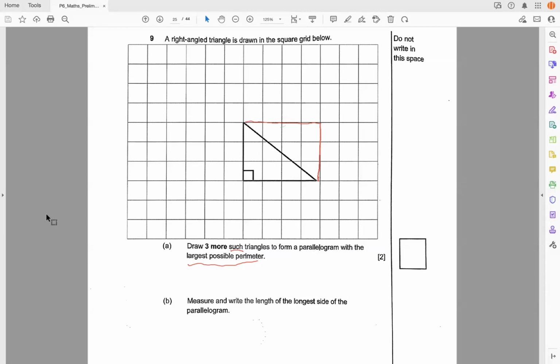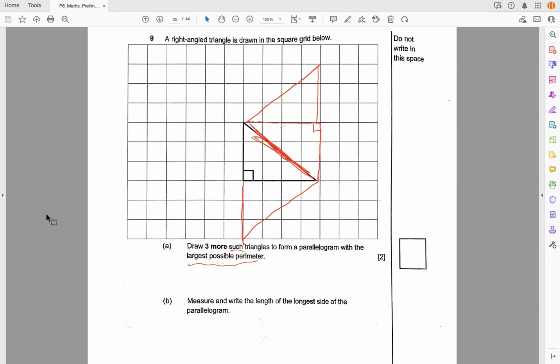When you do this, you will not get the largest perimeter, as the hypotenuse of the triangle is hidden. It will not be part of the perimeter. Or you probably will draw one triangle here, another triangle here, and another here. You get a parallelogram also, but you'll notice one of the hypotenuses is hidden. You want it to be exposed.